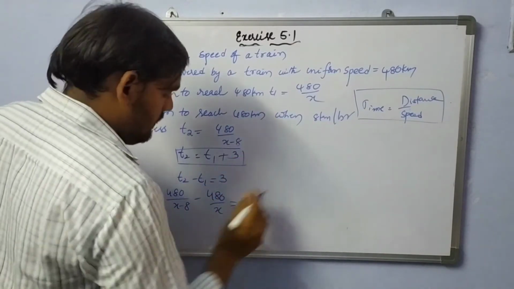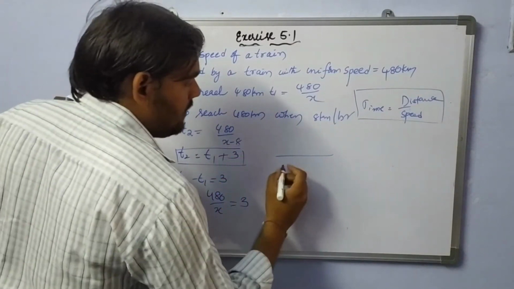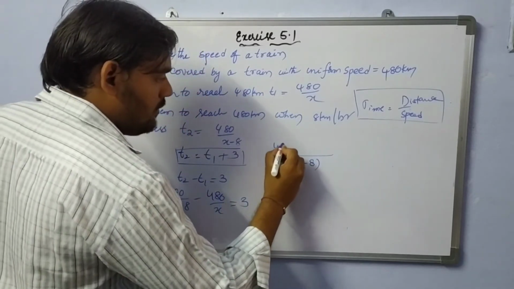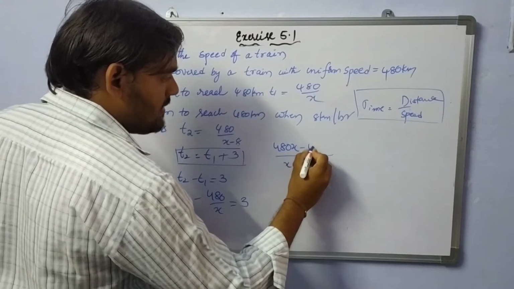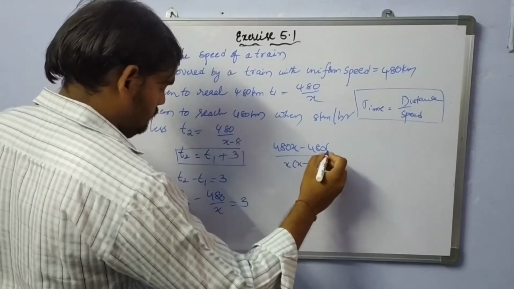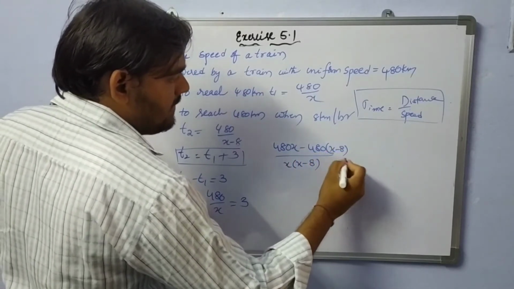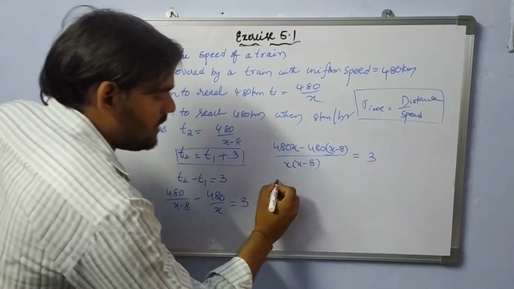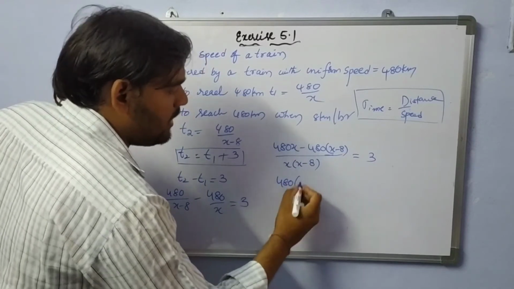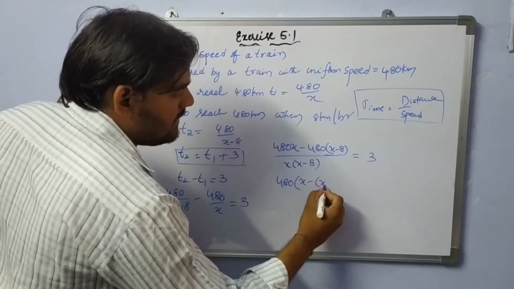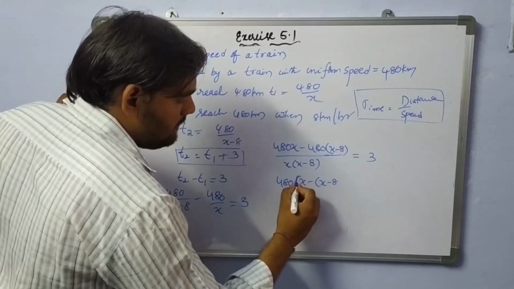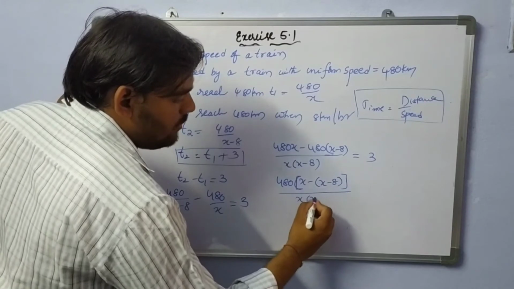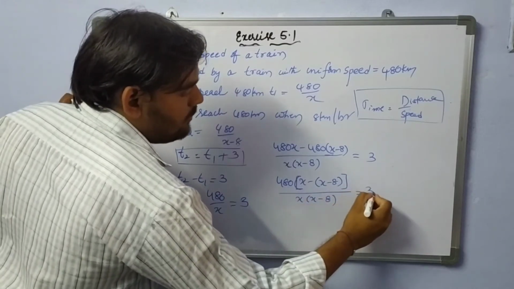We take the LCM, x into x minus 8. So here we get 480x minus 480 into x minus 8 is equal to 3. Now, if you take 480 common, 480 into x minus 8 divided by x into x minus 8 is equal to 3.